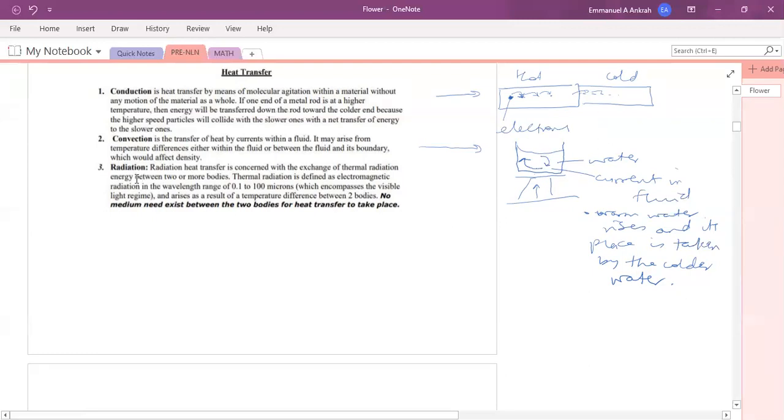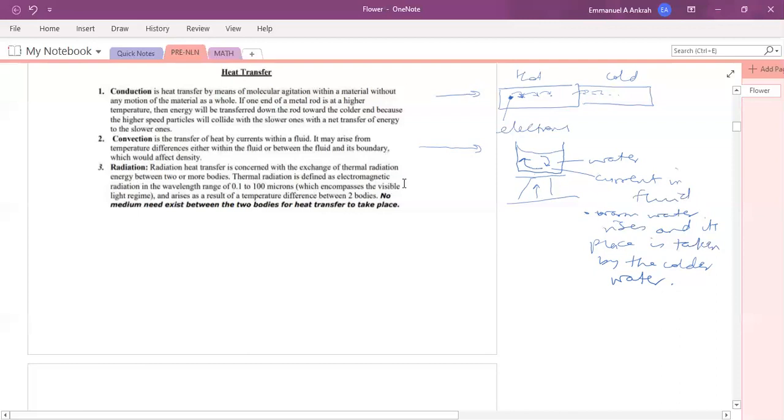Then the last one is radiation. In radiation, the heat transfer is concerned with the exchange of thermal radiation energy between two or more bodies. Thermal radiation is defined as electromagnetic radiation in the wavelength range of 0.1 to 100 microns.